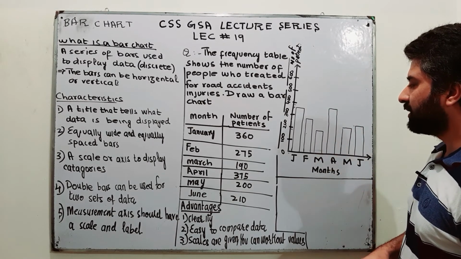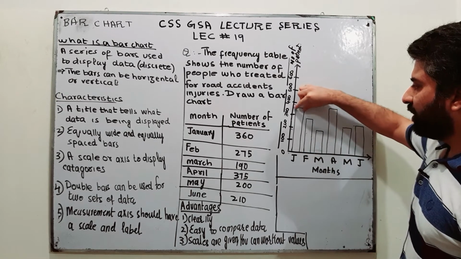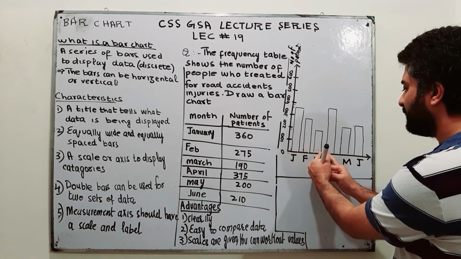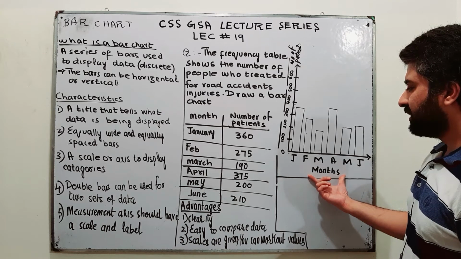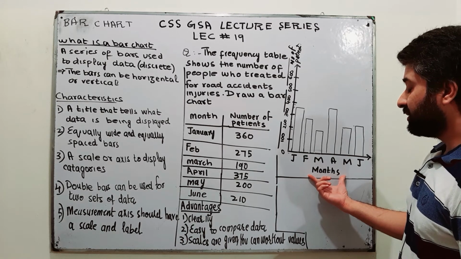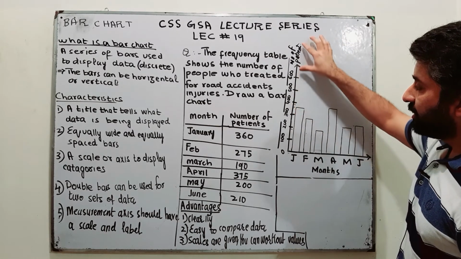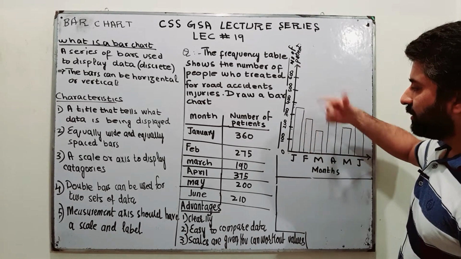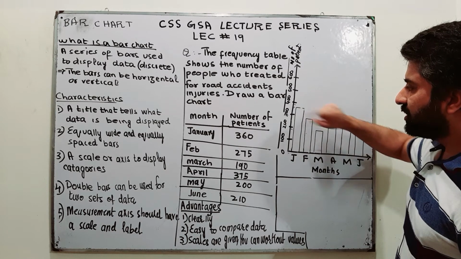This is a bar graph in which bars are drawn with equal width, with equal space between the bars, and there must be space between the bars. The x-axis represents the categories, the months, and the y-axis represents a scale where you have represented the number of patients. So you can read the patients directly from the bar. In January you have 360 patients.